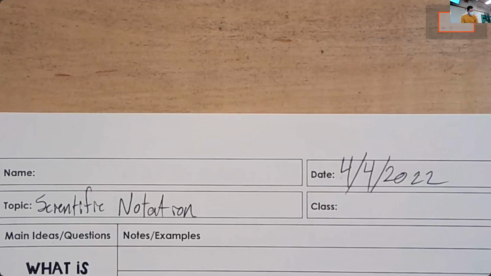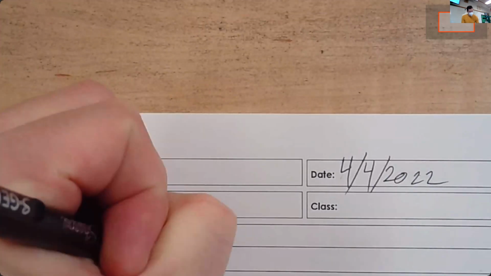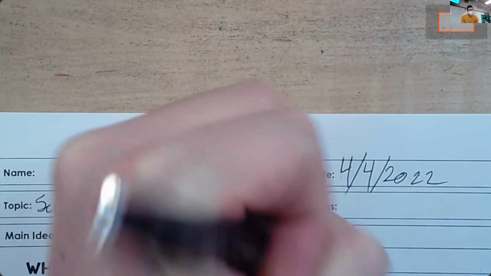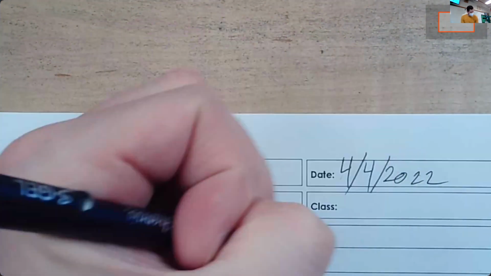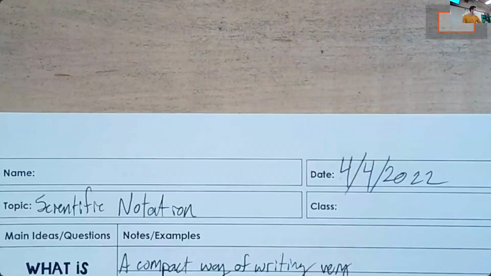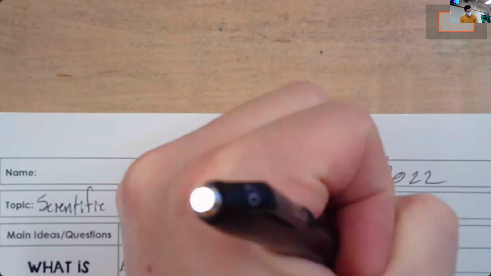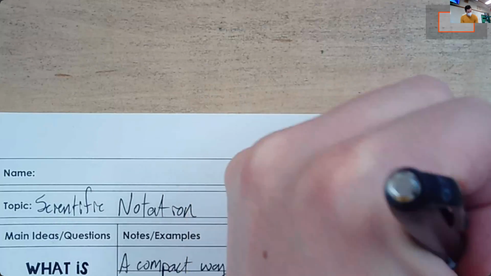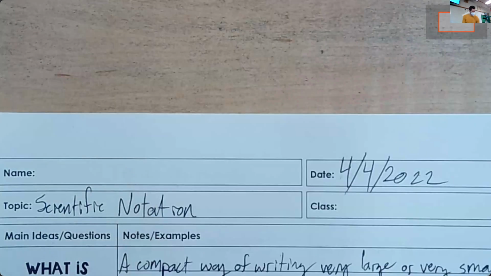Here we go. So the first sentence here, what is scientific notation? It is a compact way of writing very large or very small numbers.